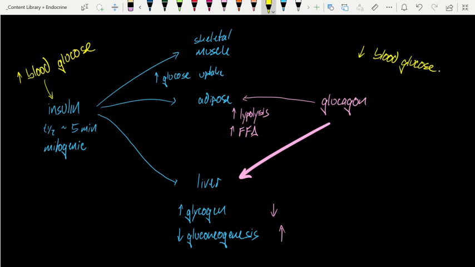If blood glucose is down, then glucagon acts on the liver to increase blood glucose levels by increasing the breakdown of glycogen and increasing the production of glucose through gluconeogenesis. It's also working on adipose to increase lipolysis to provide skeletal muscle with energy in the absence of glucose.